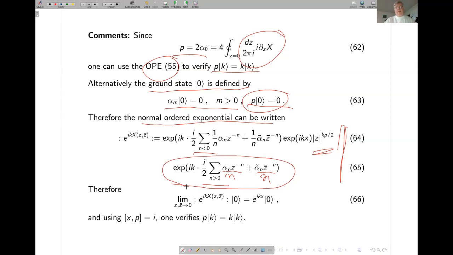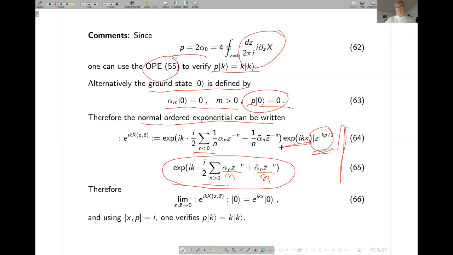Well, these annihilate the ground state, so I get e to the 0, which is 1. So this does not act on the ground state. The same with this term here. P annihilates the ground state, so we get modulus of z to the 0, which is again 1. So no action. Then e to the ikx acts non-trivially, so this will do something with the ground state.